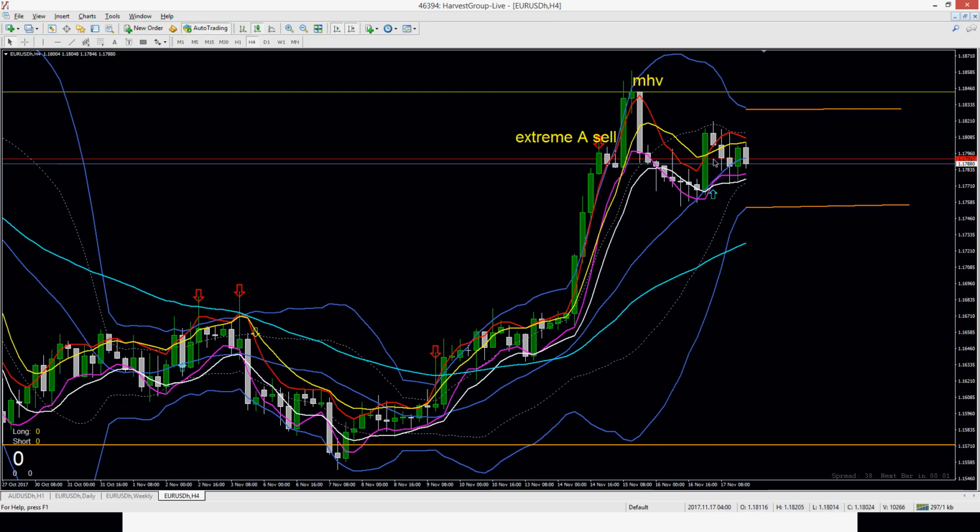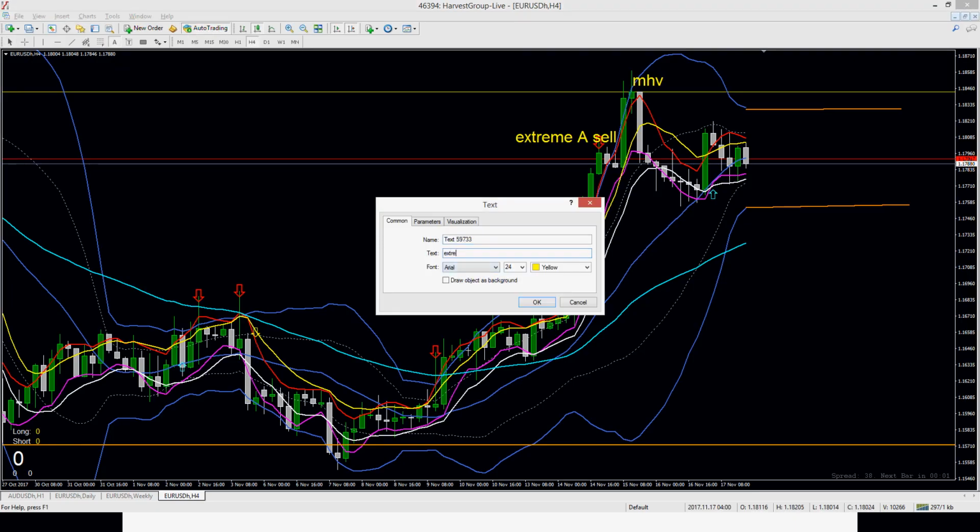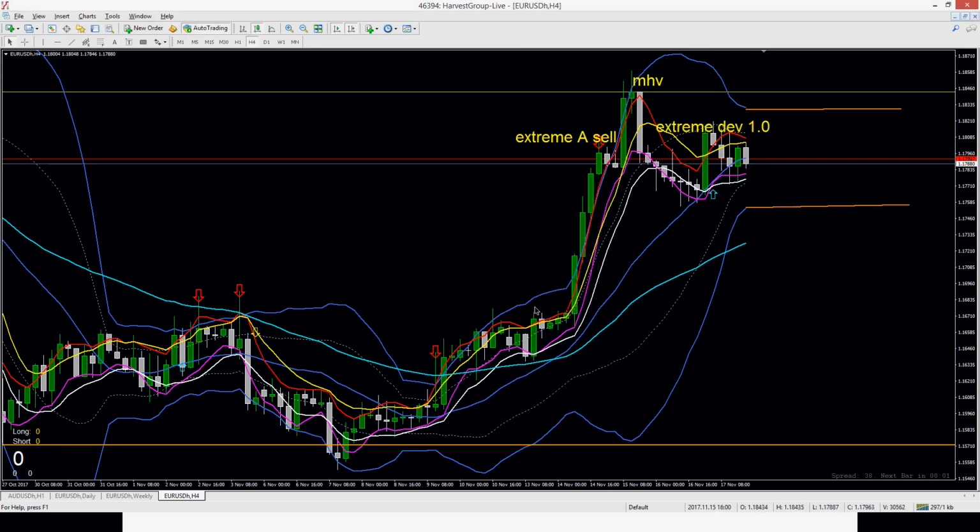Here the price has rejected mid BB, and the candle goes back up again. So over here you have an extreme deviation 1. During sideways, whenever the candles reject deviation 1, then this is an extreme deviation 1. At the moment there is a price consolidation, where the price is going sideways along this area. So that's the signals setup for H4.